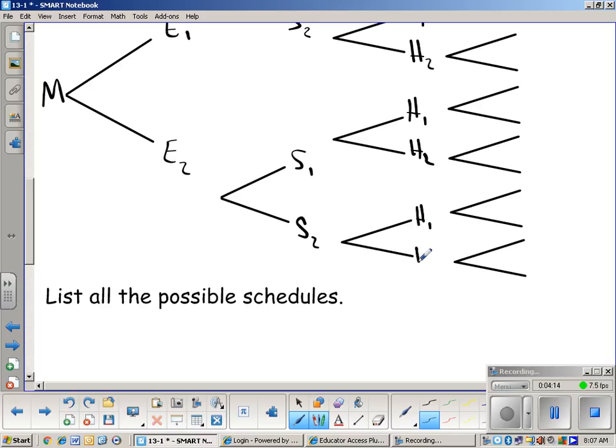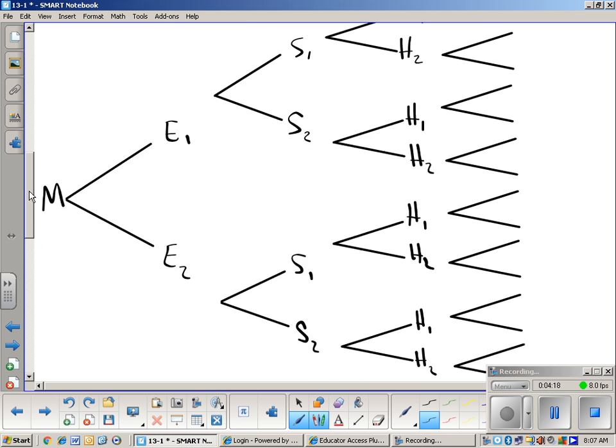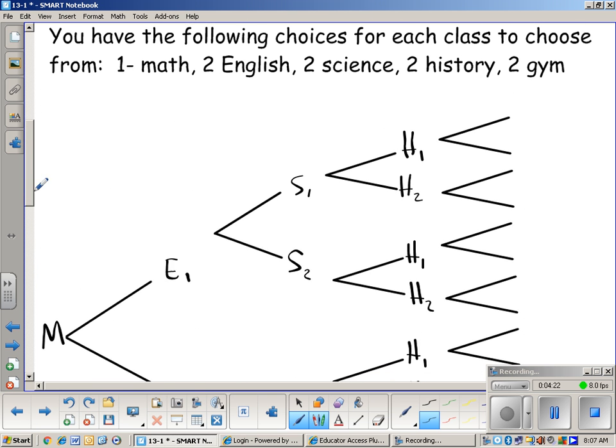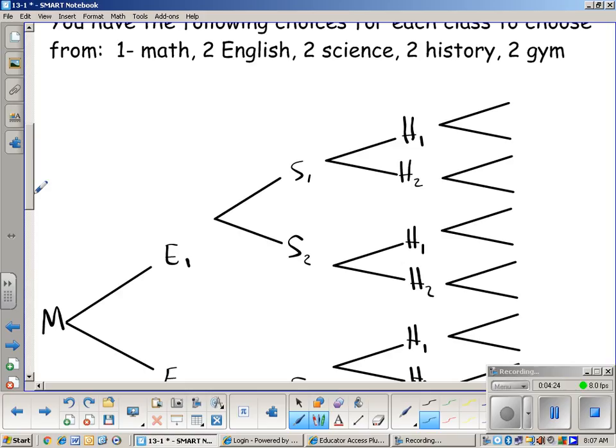History 1 or history 2. And what do you think is going to happen on the far end of my tree diagram? I still have one more class to choose from, right? And so what is it? Gym. So I either have what? Gym 1 or Gym 2, right?